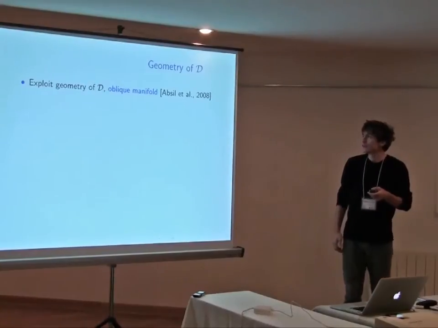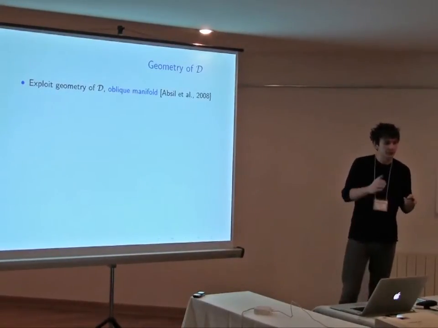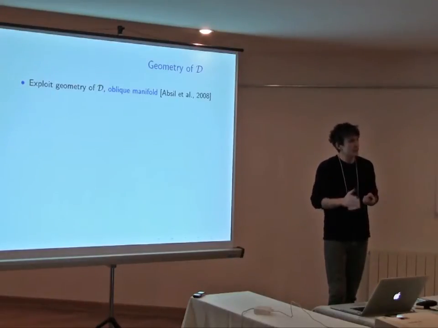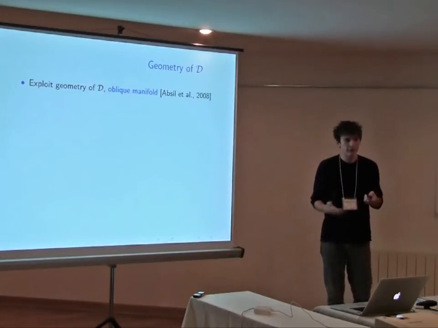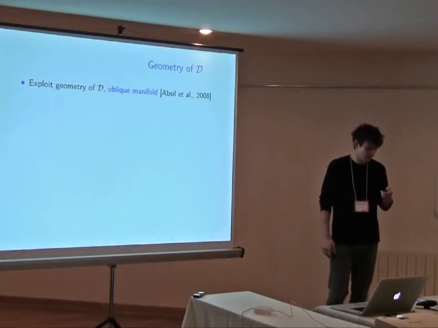So the starting point of our analysis is to try to exploit the geometry of the set of dictionaries. Remember that the set of dictionaries is basically a product of spheres. Each dictionary element is forced to have some unit L2 norm. So this set of dictionaries is actually known as a manifold, the oblique manifold.